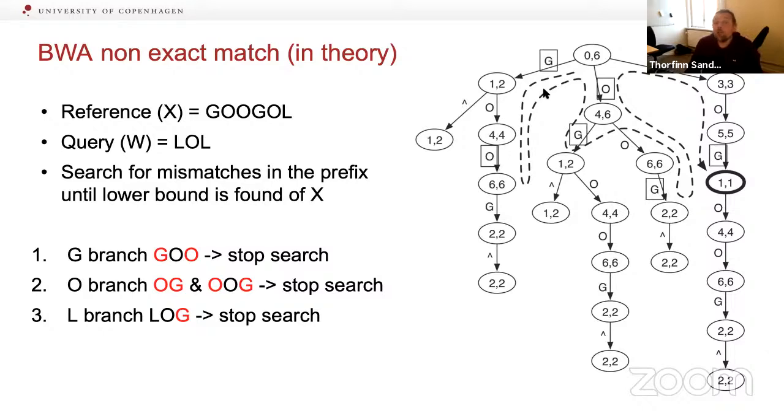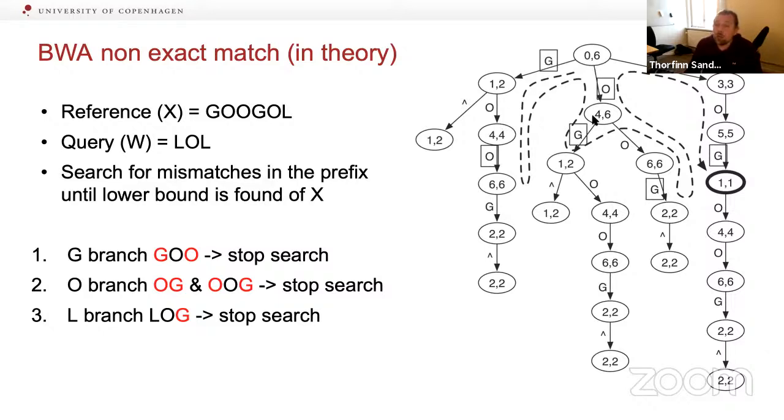So here they allow for 1 mismatch. They're searching for LOL, so they start down this branch. It's a G, that's a mismatch. Now we have 1 mismatch. We continue. O, that's correct. Okay, so we allow it to continue. We still have 1 mismatch. Now it's an O again. We wanted to have an L, so we cannot use this path, right? Even though we searched through and allowed for 1 mismatch.